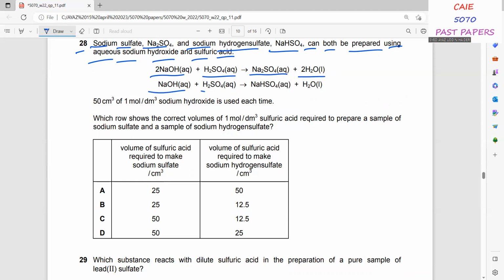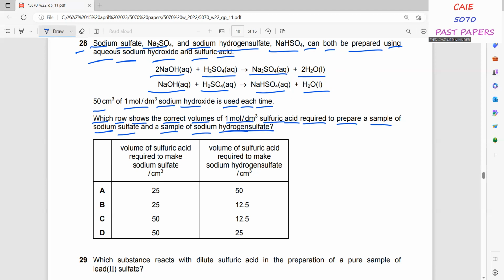NaOH aqueous plus H2SO4 aqueous gives NaHSO4 aqueous plus H2O liquid. 50 centimeter cube of 1 mole per dm cube sodium hydroxide is used each time. Which row shows the correct volumes of 1 mole per dm cube sulfuric acid required to prepare a sample of sodium sulfate and a sample of sodium hydrogen sulfate?